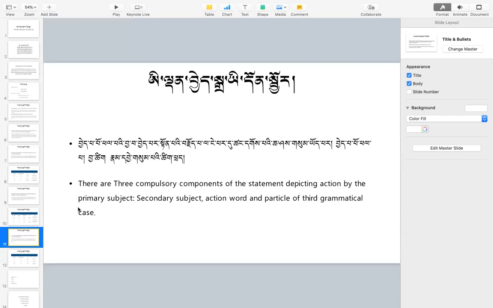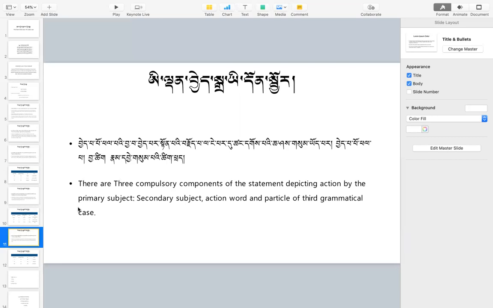So any statement which is to be identified as a statement of third grammatical case, the usage case of subject case, of the variation in which the particle shows an action done only by the secondary subject, requires these three compulsory components: secondary subject, action word, and particle of third grammatical case.